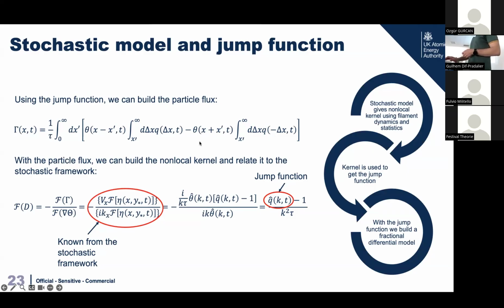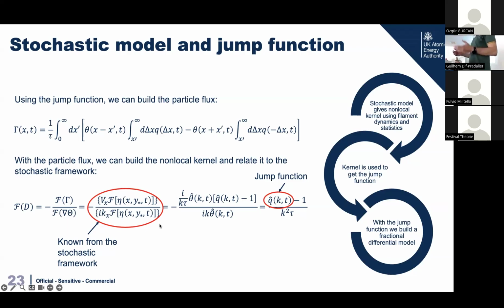And if you have this, we can Fourier transform it, and we get this expression down here. And then we can also Fourier transform the gradient of the thermodynamic variable, which is something that we do down here. And these two expressions together give you the Fourier transform of the non-local kernel that we were discussing at the very beginning. So now we're going back to the stochastic framework, because the stochastic framework already gives you an expression for this.